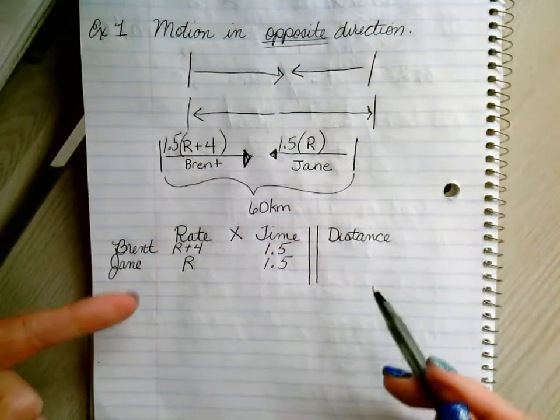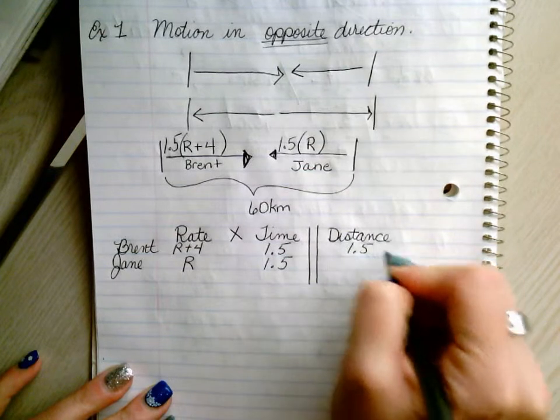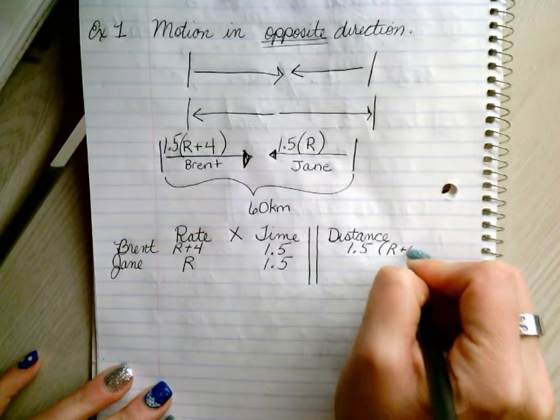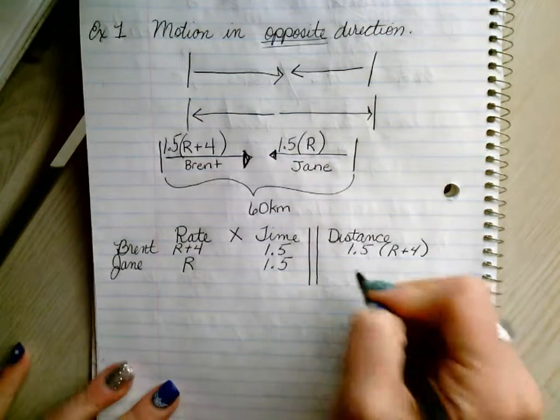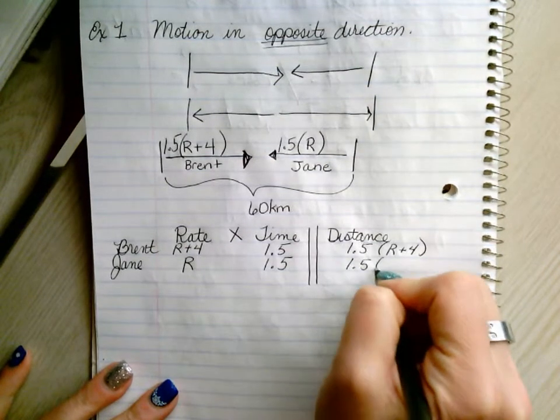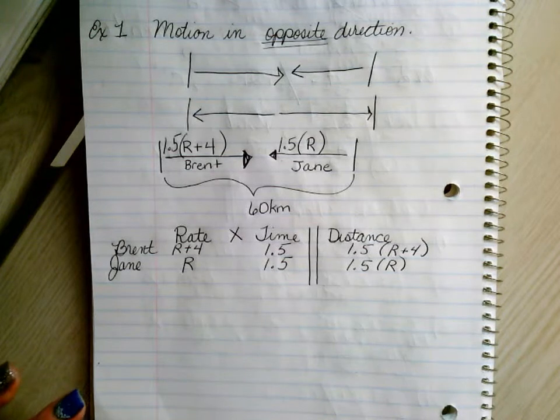So in my chart, that translates to 1.5 times (R plus 4) for how much Brent traveled, and 1.5 R for how much Jane traveled. What does that have to do with the 60 kilometers worth of distance? Any ideas? Say again?